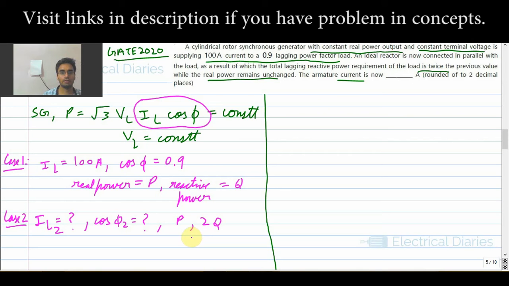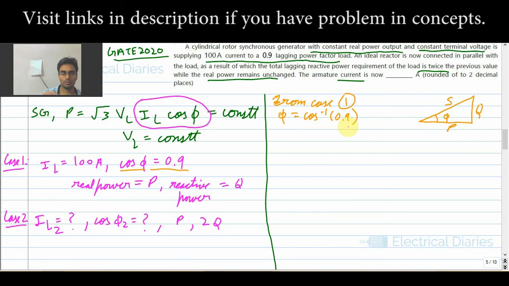One thing is clicking in my mind: this data is given to me and there might be some purpose. So see the power factor general expression. I hope you know the power triangle. This is your power factor angle, this is your Q, this is your P, and this is your S. So from case 1, phi is equal to cos inverse 0.9.